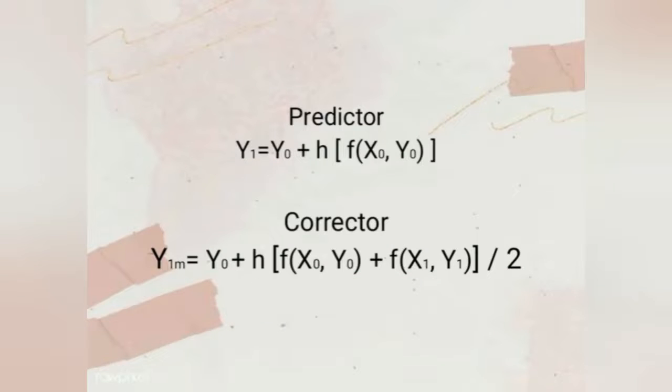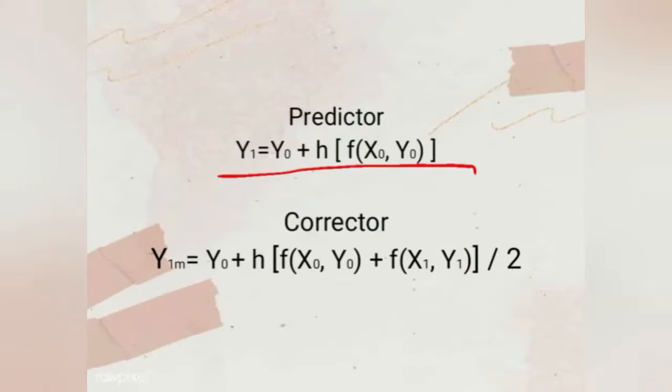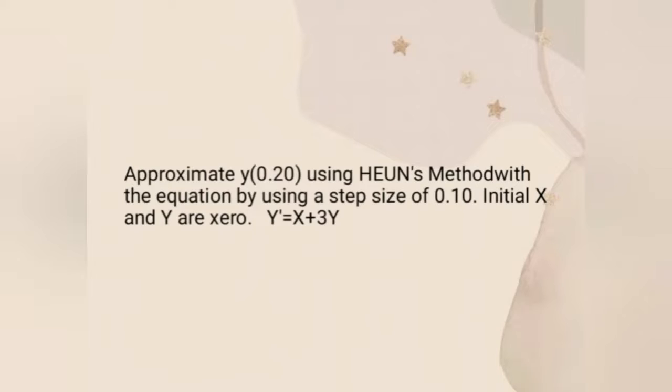And again, from Euler's method, this is called the predictor equation. And this equation here is called the corrector. This is our example for this discussion.